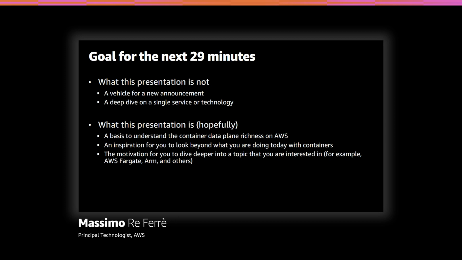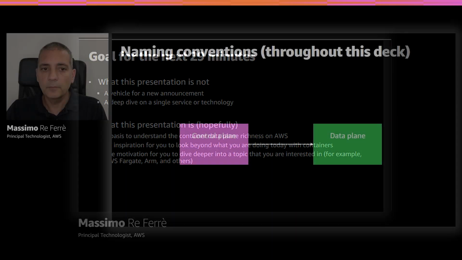We also want to give you some motivation to go deeper into some of the topics that we will discuss during this presentation. I will provide some links at the end of this presentation where you can go a little bit deeper into the topics that we will be discussing.